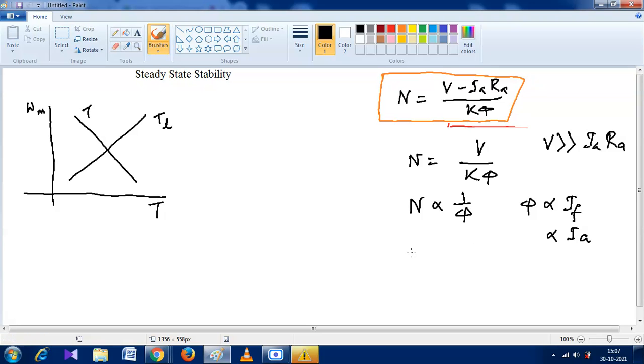Yes sir. So we can write N proportional to 1 by Ia. If you plot this, how will it look? N versus Ia, if we plot that curve, it is like that.